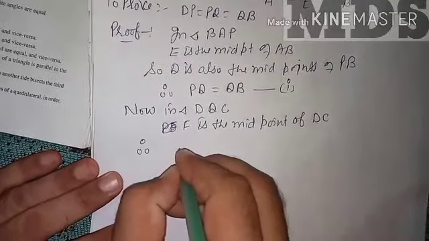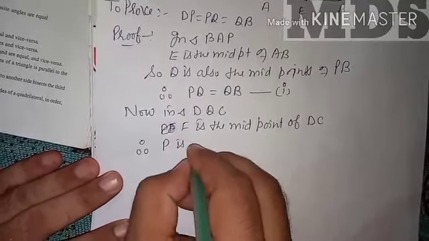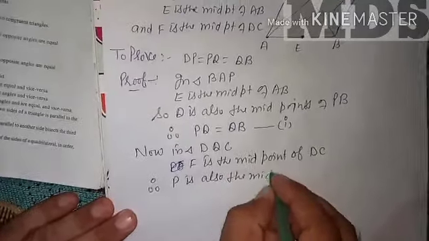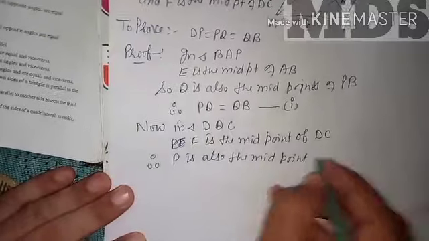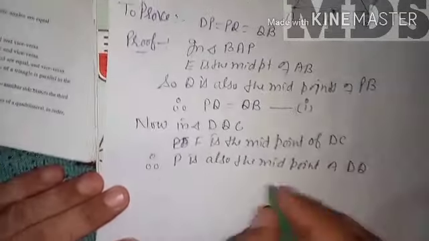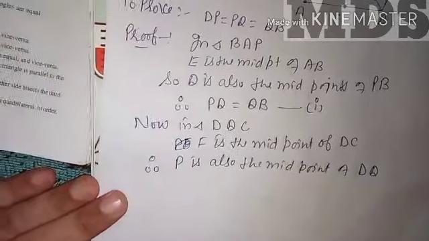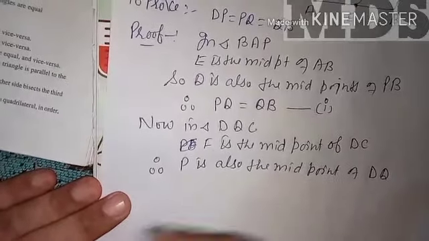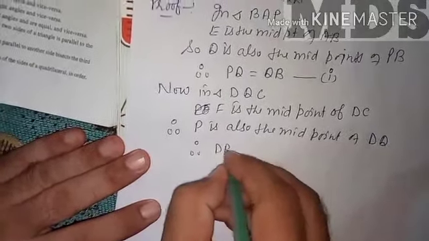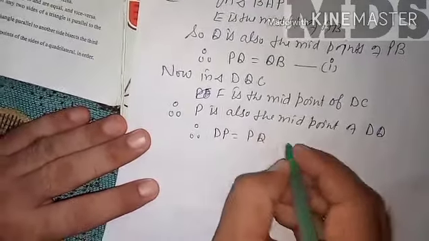Therefore P is also the midpoint of DQ by the converse of midpoint theorem. Therefore DP is equal to PQ.